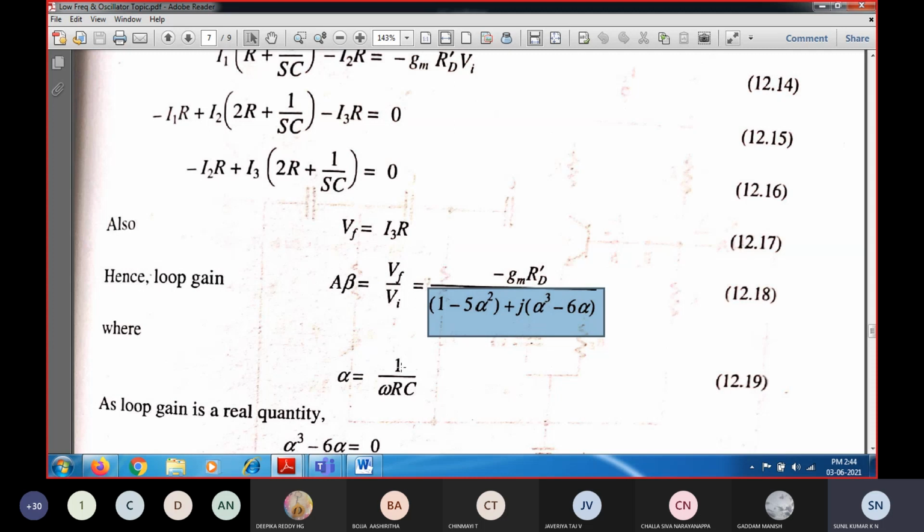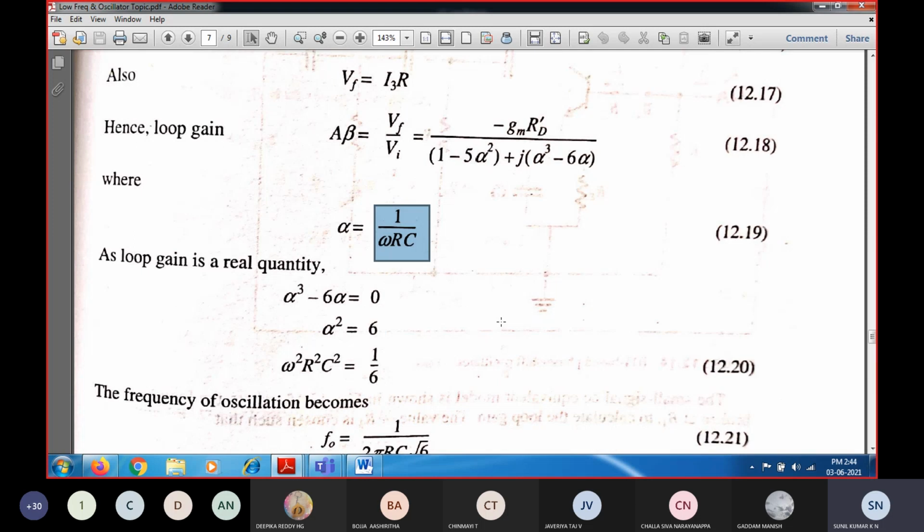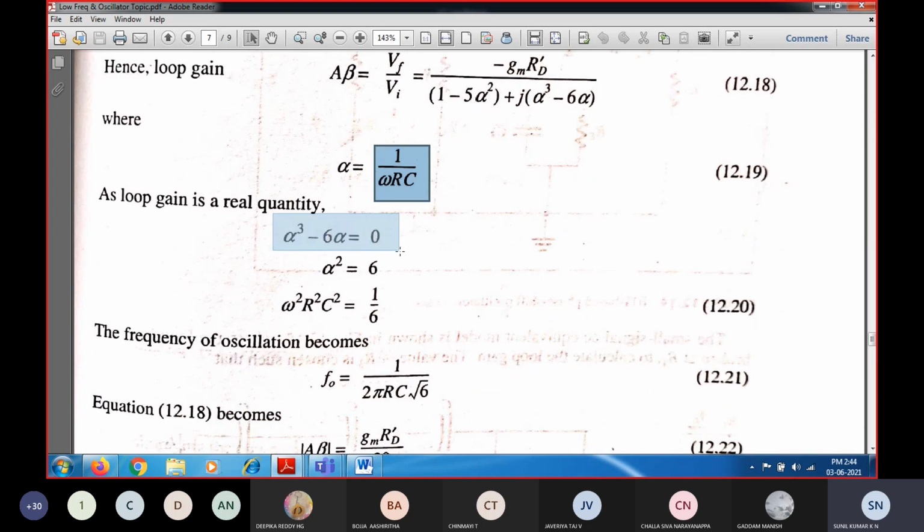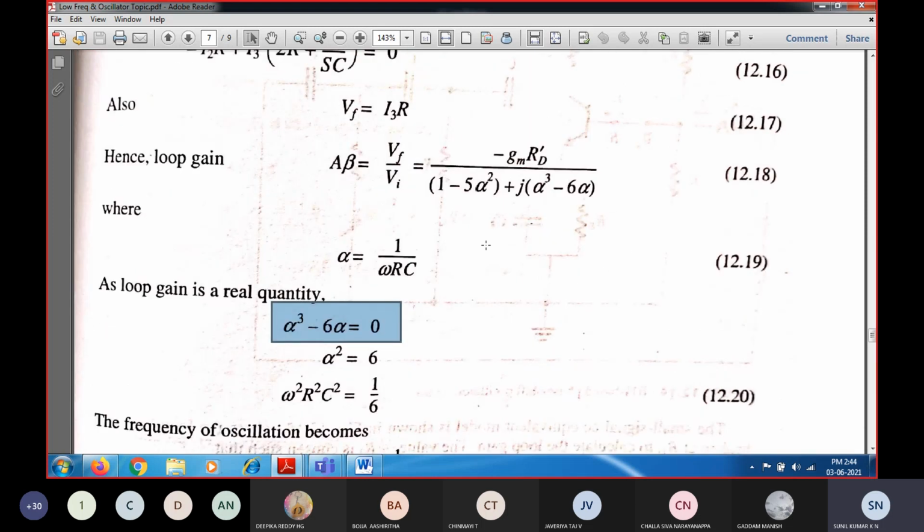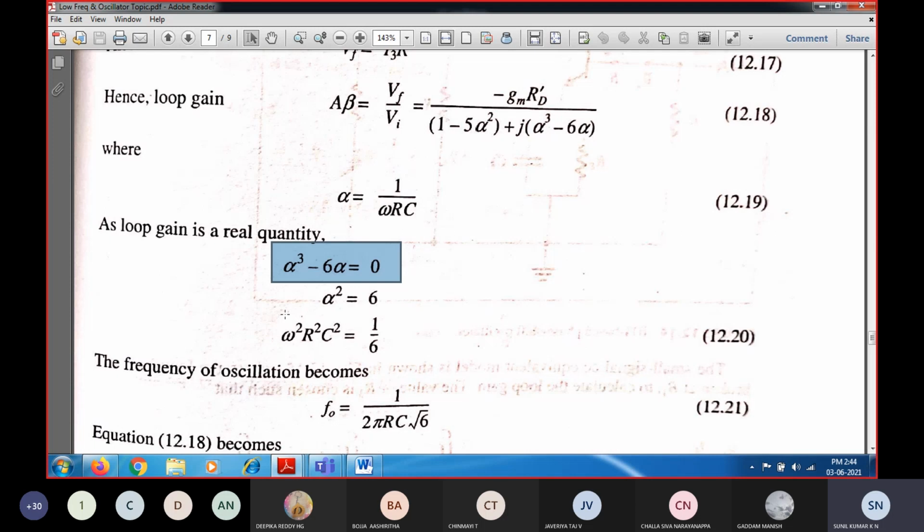Alpha is nothing but 1 by omega RC. Here I have just written another coefficient alpha, which is nothing but 1 by omega RC. So in place of 1 by omega RC, I am just replacing it with the constant alpha, and the equation holds the same. And here the imaginary term I am going to equate to 0, and hence I am going to find out the frequency of oscillation.